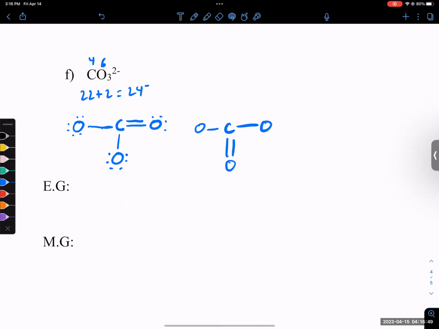All right, so there's one like this, and one like this. These are what are called resonance structures. Resonance structures are basically where the Lewis structures are between the same atoms, but there's a different arrangement of the electrons. The double bond's on the right, the double bond's on the bottom, or the double bond's on the left.